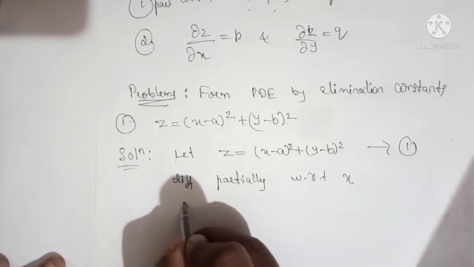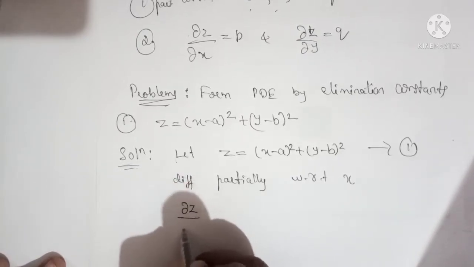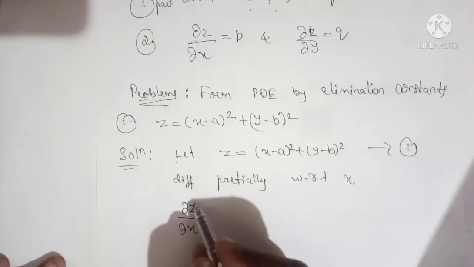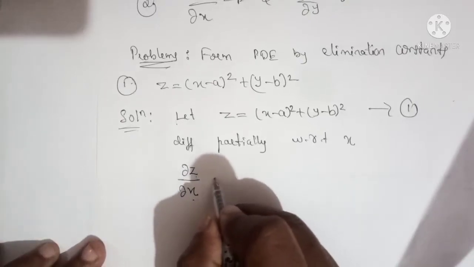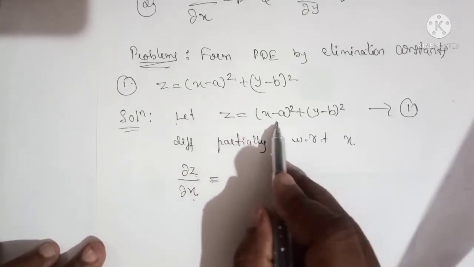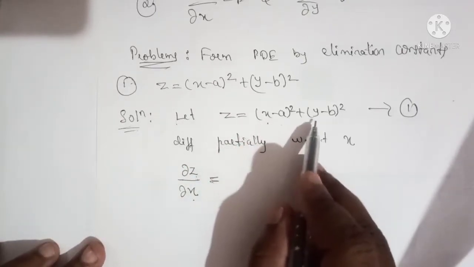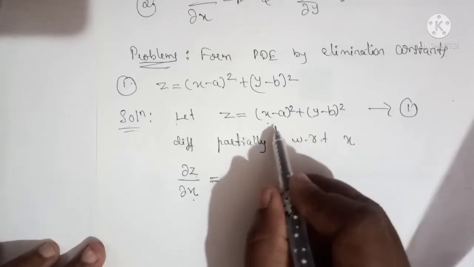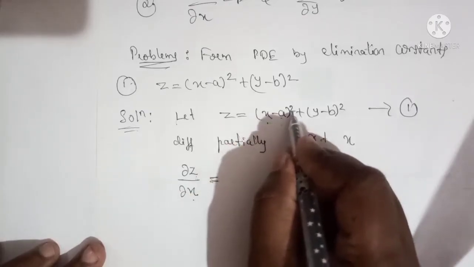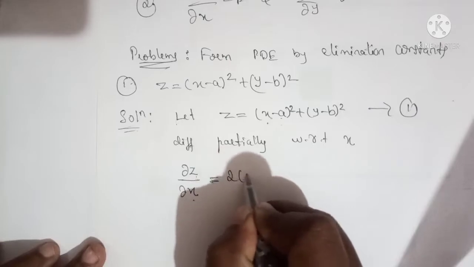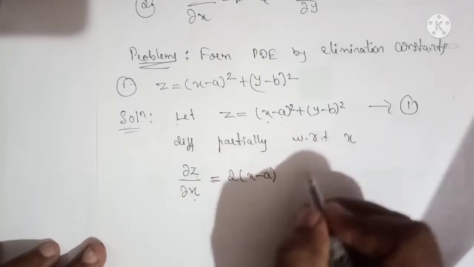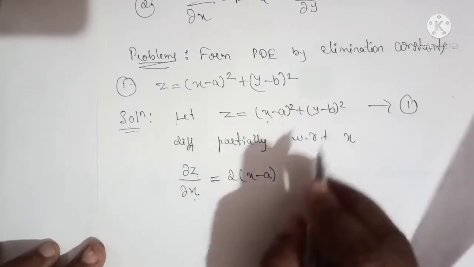Differentiating with respect to x, we get ∂z/∂x, because z is the dependent variable, so we write ∂z/∂x equals. Now while differentiating with respect to x, y is taken as constant. The derivative of (x − a)² is 2(x − a), and the derivative of the y term will be 0.